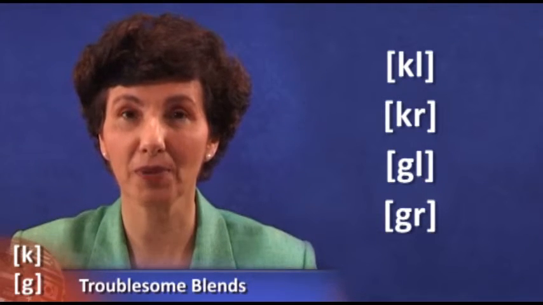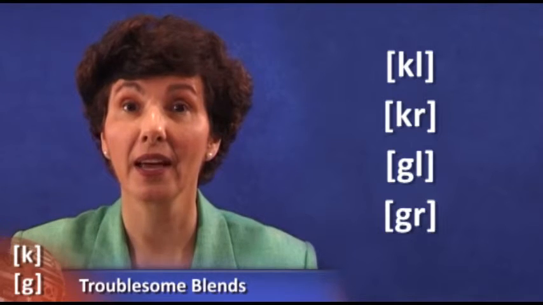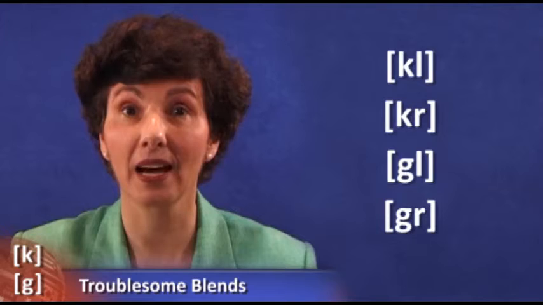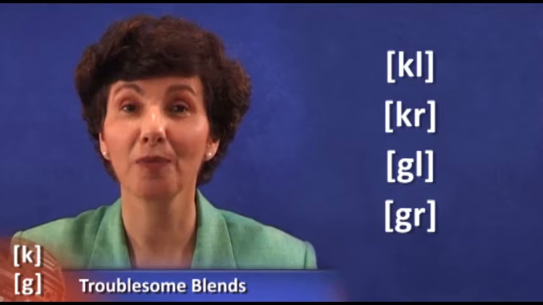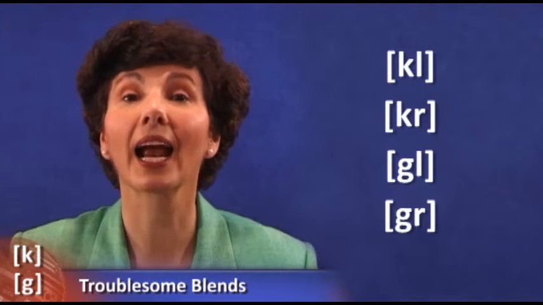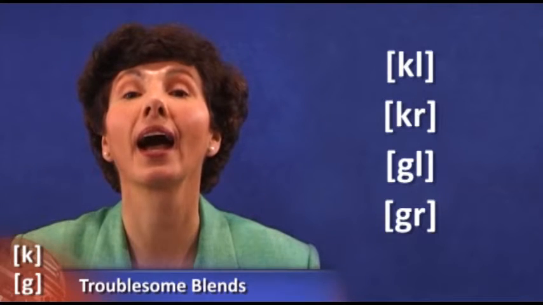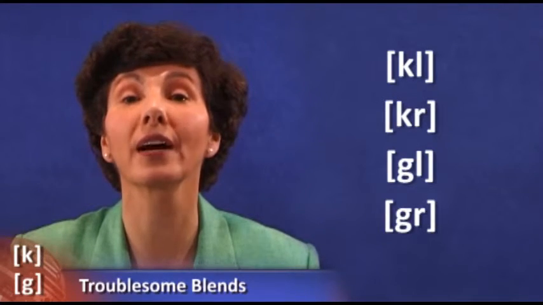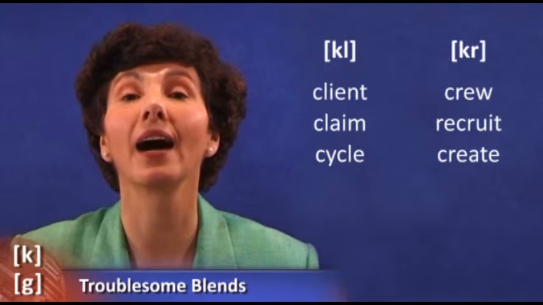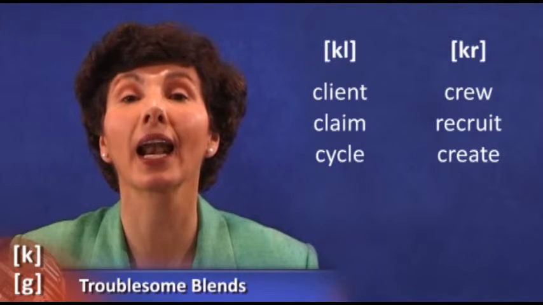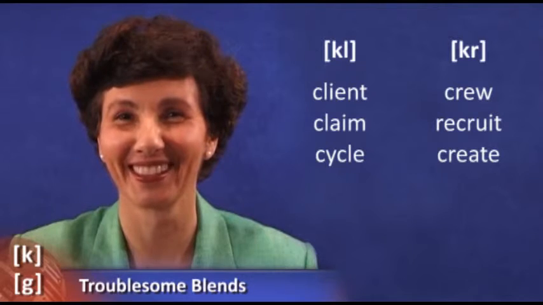So the first part of the column on the left-hand side has the combination K and L. Remember, with K, it's K, K. I'll raise my mouth here so you can see K. And then you curl your tongue up to say La. Kla, kla. That's tough. Give it a go.